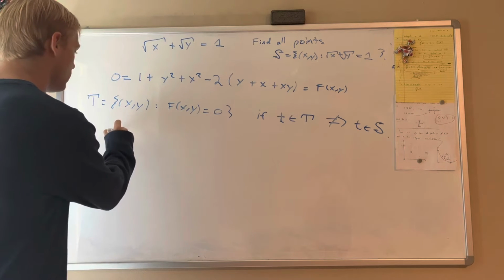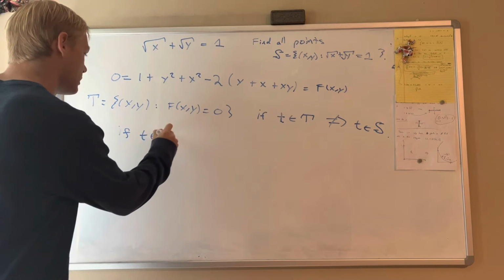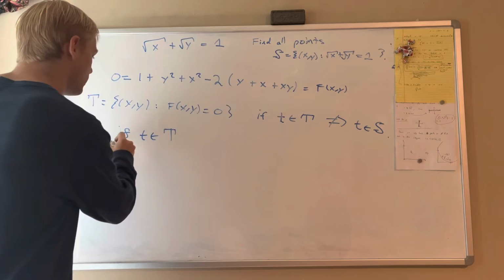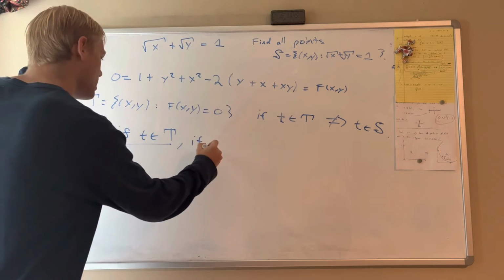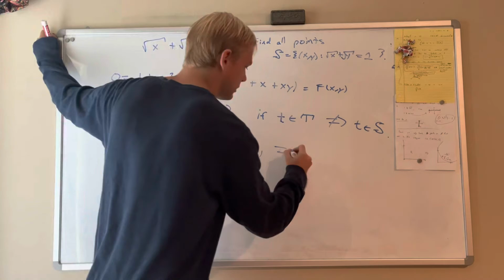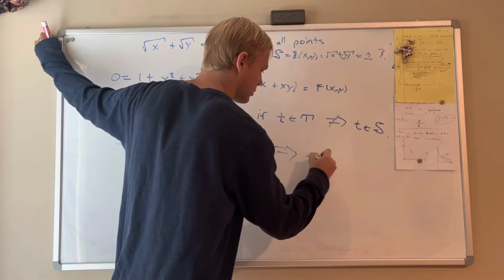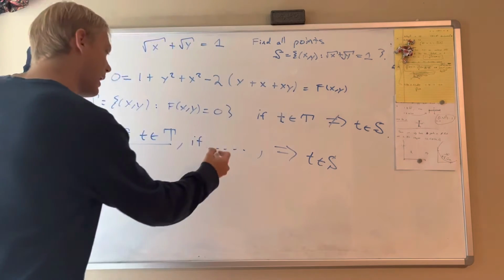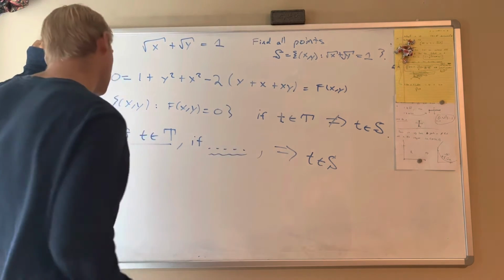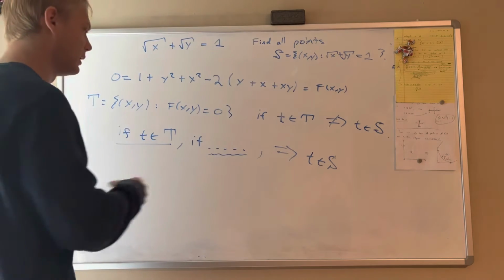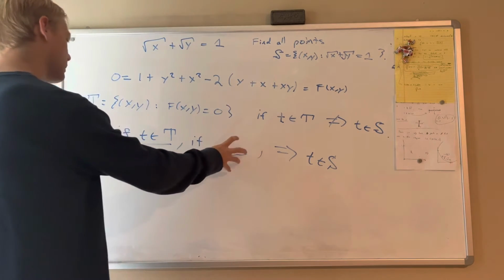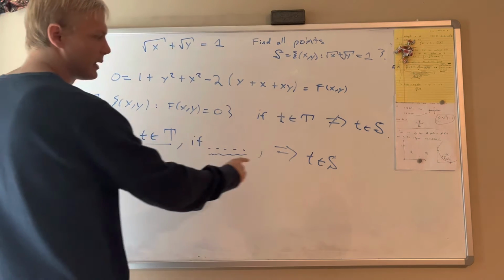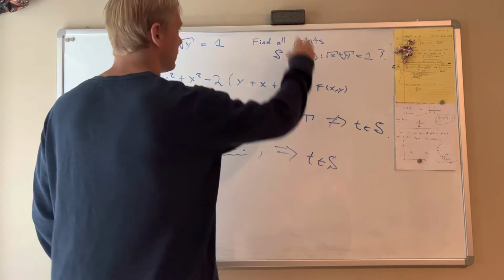So we want to say if, and then we need to add something that does imply it is in S. It does imply T will be in S. So we need to add some restriction here, some condition, like some truth statement on x and y, such that we get T to be in S.